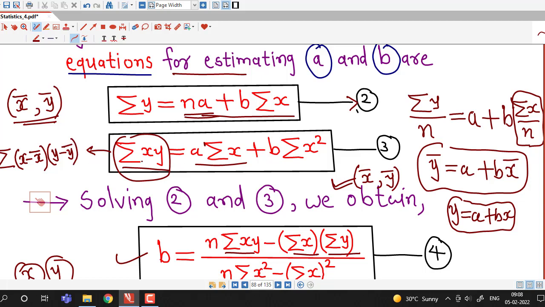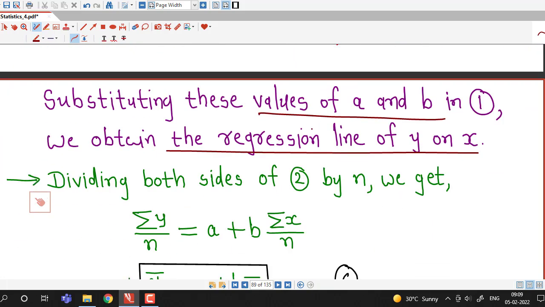I replace x by x minus x bar and y by y minus y bar. Similarly, this becomes a times sigma x minus x bar, and this becomes b times sigma x minus x bar whole square.